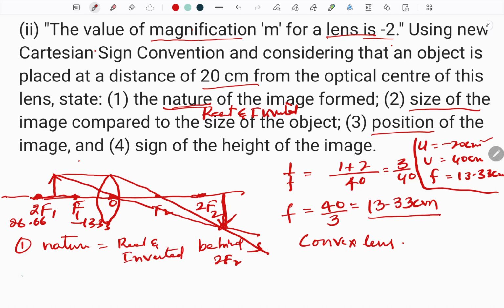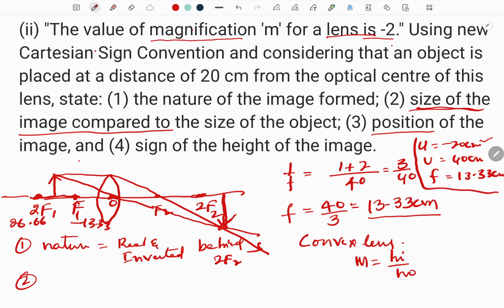Right? Now the second point here. What is the second point given here? Size of the image compared to the size of the object. How can we find the size of the image? Magnification formula again. Magnification is equal to height of image by height of object.